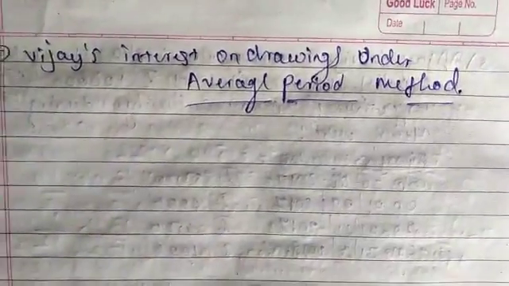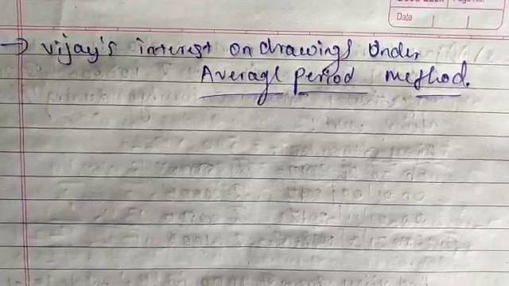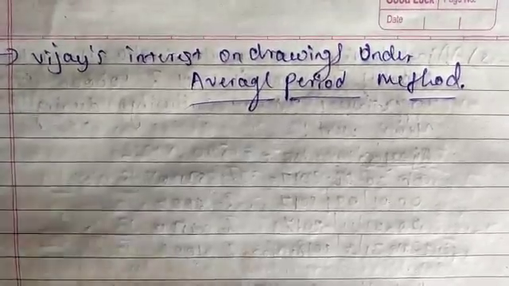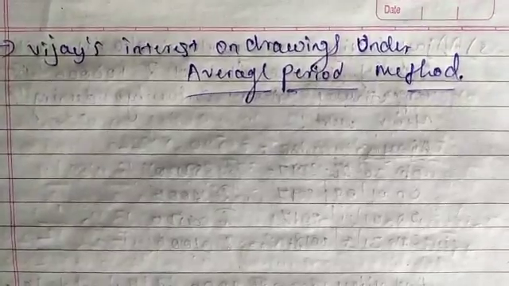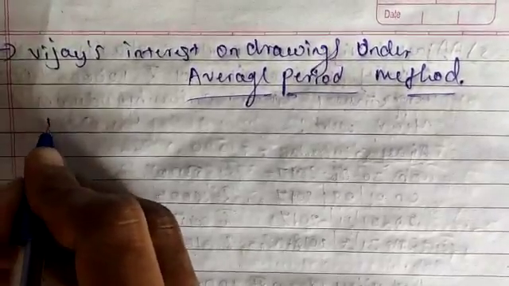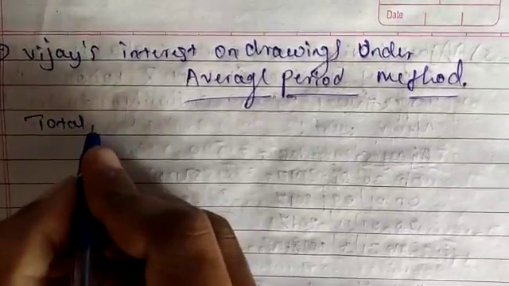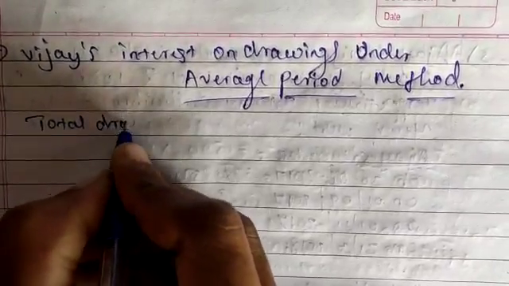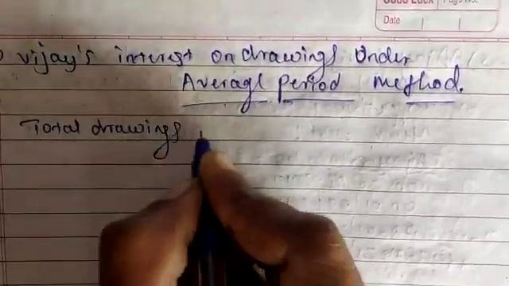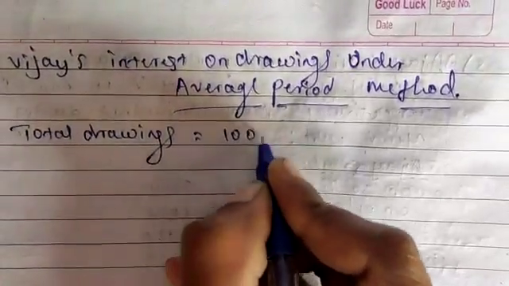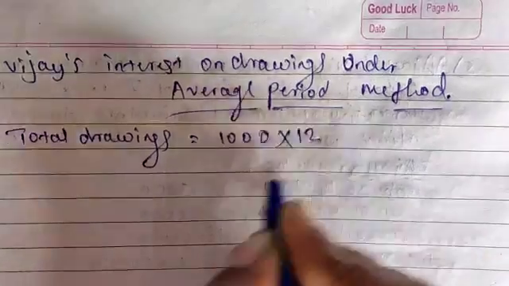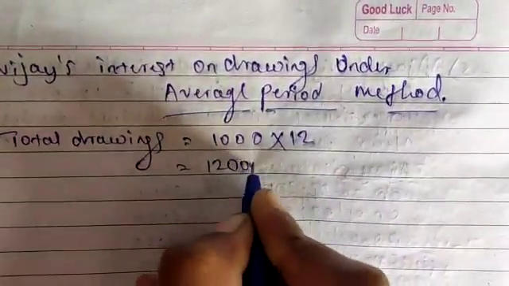First you calculate the total drawings, because only one month's drawing is given, 1,000. So 1,000 into 12 becomes 12,000.